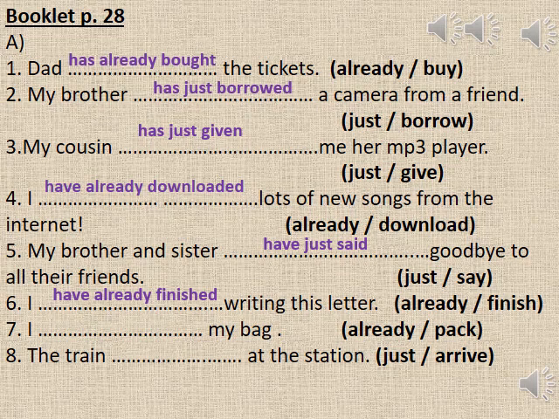Number 7, my bag. Already, pack. So the answer will be, I have already packed my bag. Number 8, the train at the station just arrived. So the answer will be, the train has just arrived at the station.